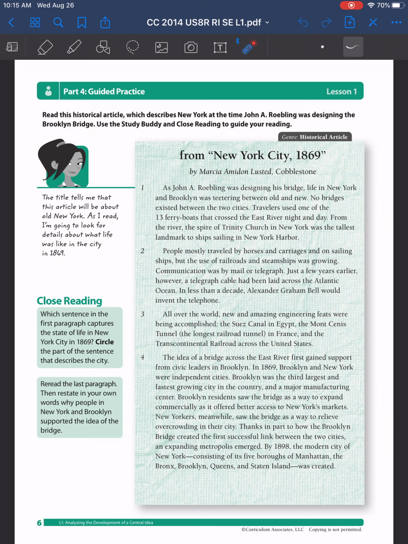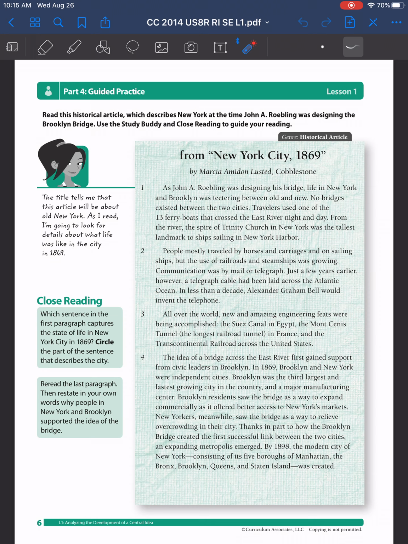The idea of a bridge across the East River first gained support from civic leaders in Brooklyn. In 1869, Brooklyn and New York were independent cities. Brooklyn was the third largest and fastest growing city in the country, and a major manufacturing center. Brooklyn residents saw the bridge as a way to expand commercially, as it offered better access to New York's markets.